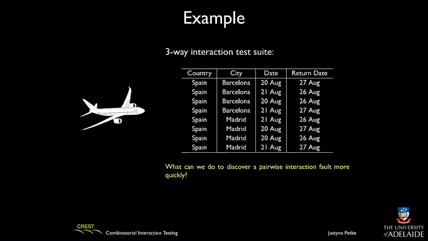So I hope we've established that we can create lots of test cases. We can assess their strength using the term T-way testing, and check whether they cover all pairs of parameter values, all triplets, and so on.